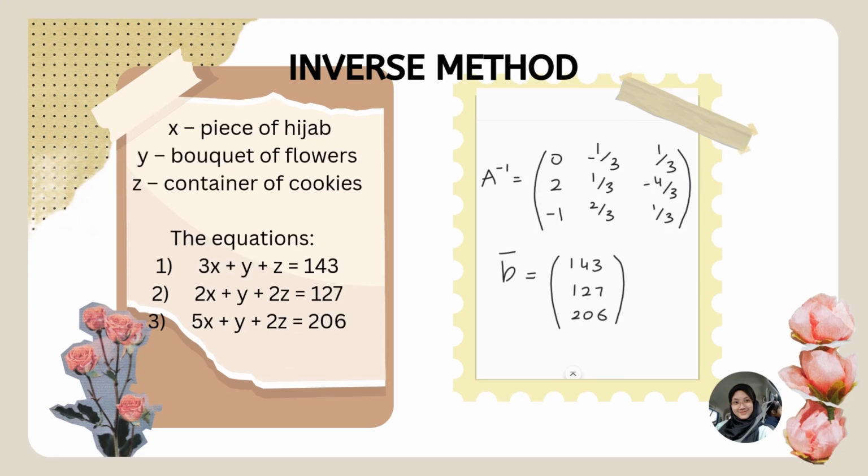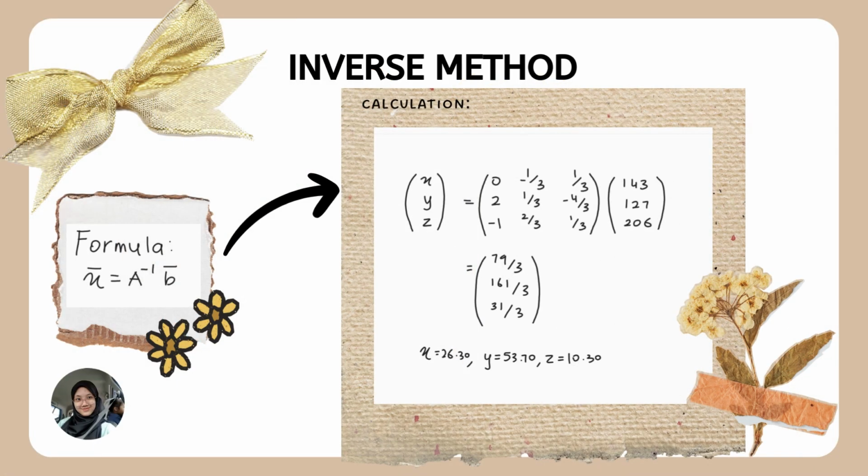Next, the inverse method. The given equation can be written in matrix form as AX equals B, where matrix A is 3, 1, 1, 2, 1, 2, 5, 1, 2, and matrix B is 143, 127, and 206. And matrix X is x, y, z.